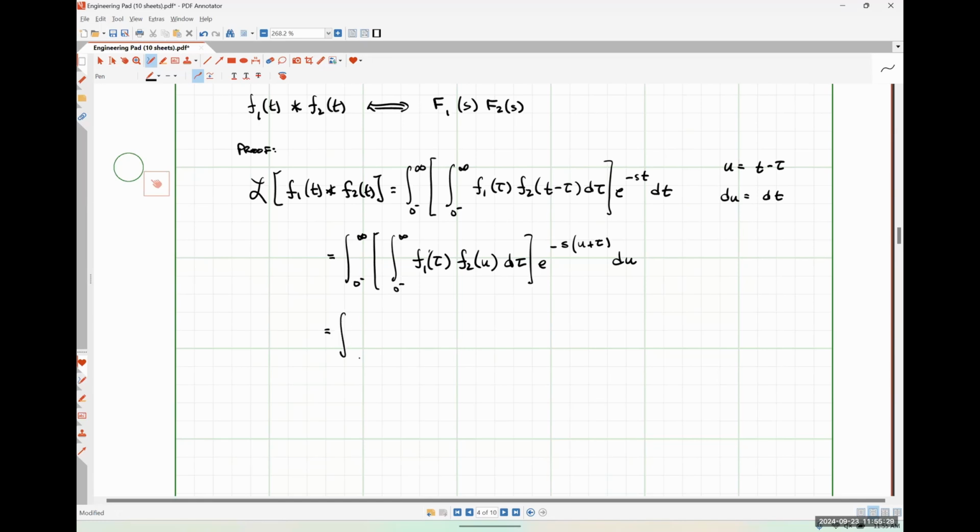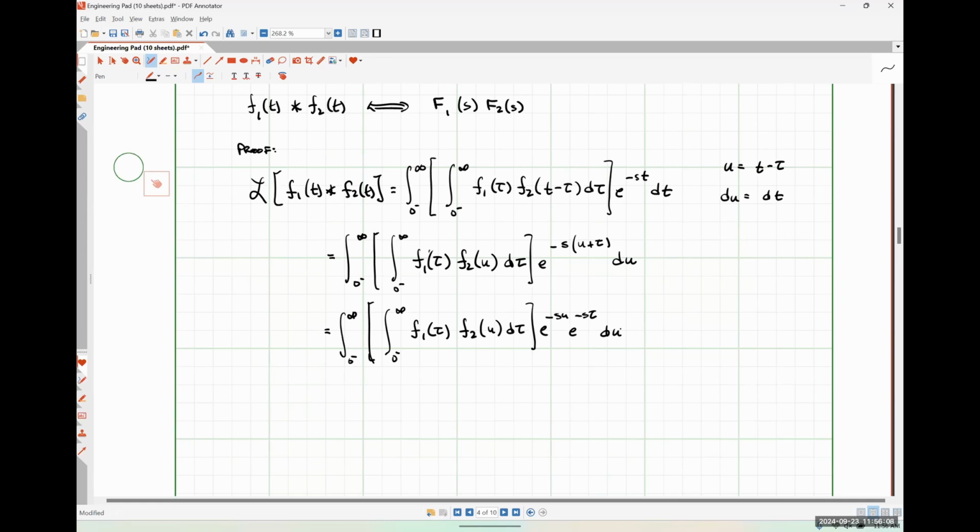So that's going to look like 0 minus to infinity, 0 minus to infinity of f1 of tau times f2 of u d tau, e to the negative su times e to the negative s tau du.